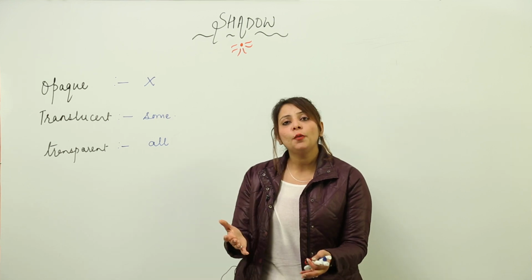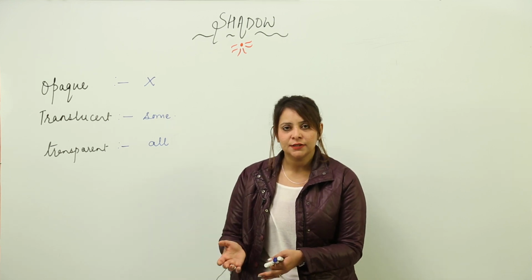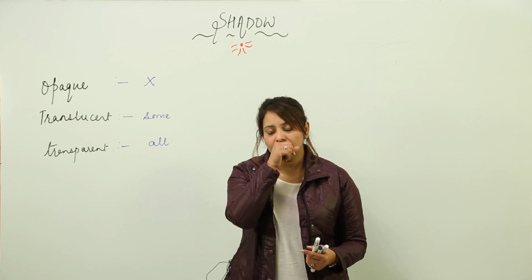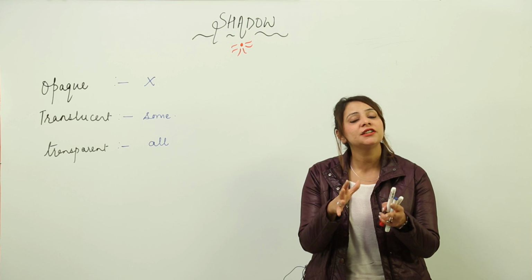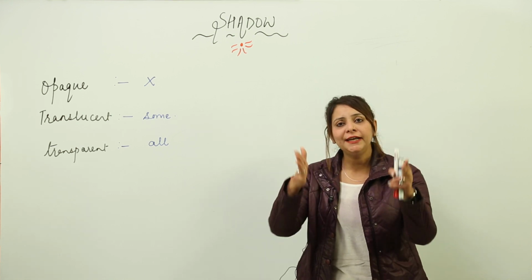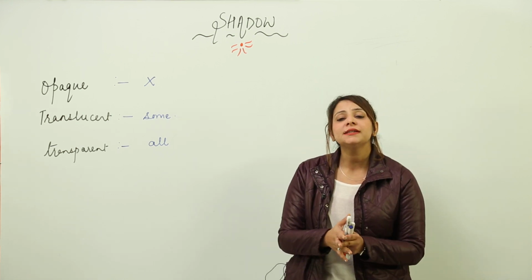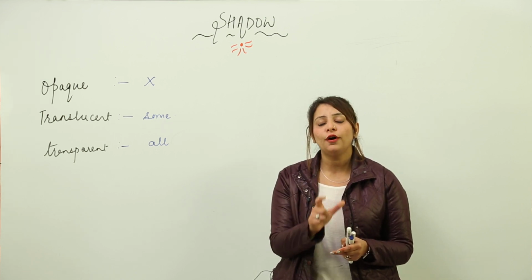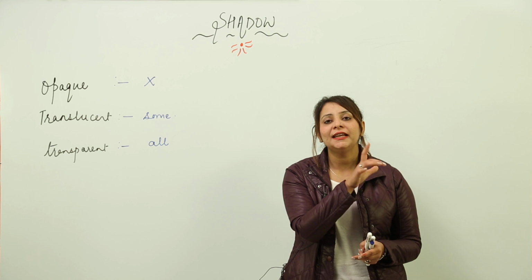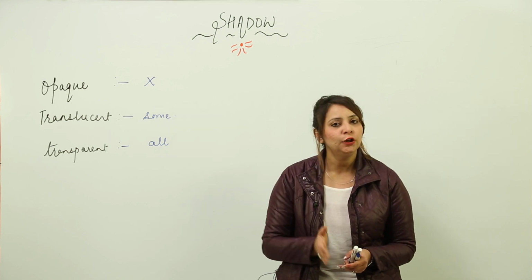If there are any other opaque objects, the shadow is cast in the same way. So a shadow is just an outline of the object which is cast when the light of any light source is blocked by an opaque object.